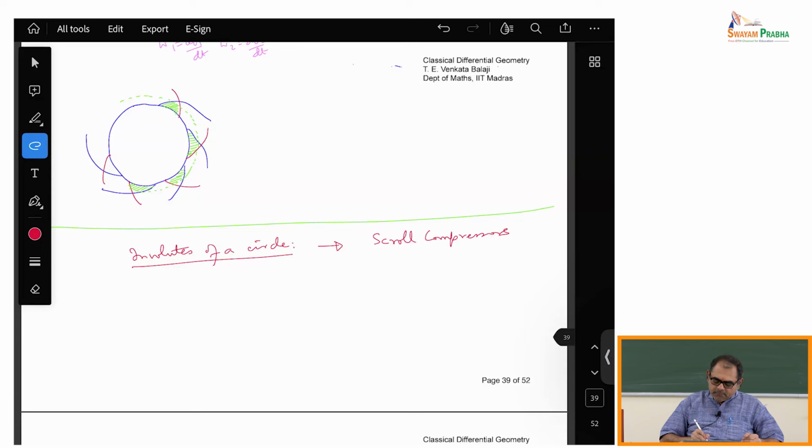So basically, if you take a circle and then you draw the involute, you will get a spiral like this. What you do is take two such spirals. They are not really spirals in the sense of mathematical spirals. There are different types of spirals and they have different mathematical equations.